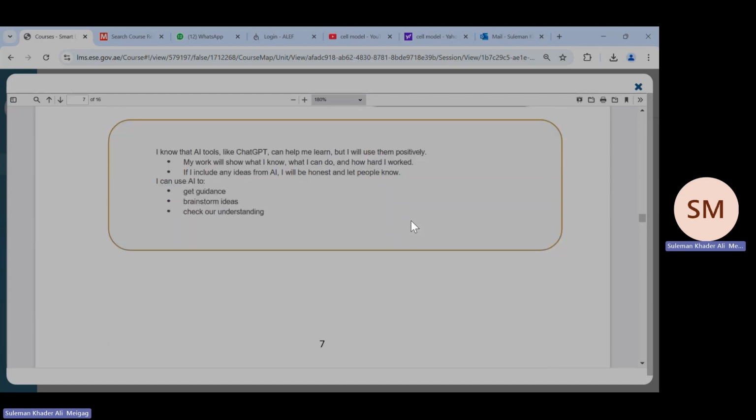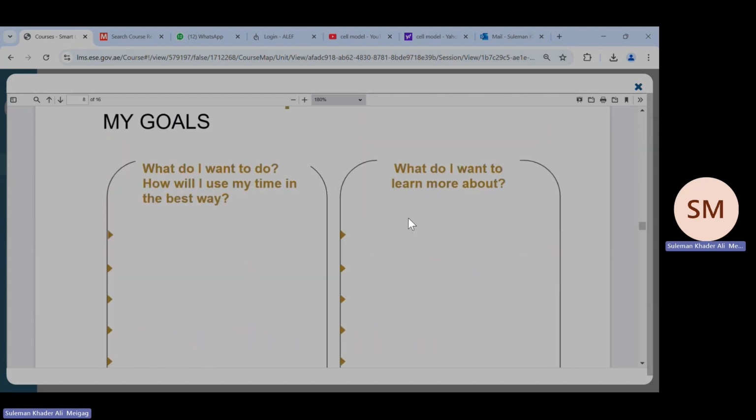Okay. So once you have that, then you make some goals. What do I want to do? So it's about Khaliya. But what do you want to do with the Khaliya? How will you make the model of the Khaliya? How will you design? How will you use your time in the best way? Okay, to discuss not only with your group, but also for you to think about.